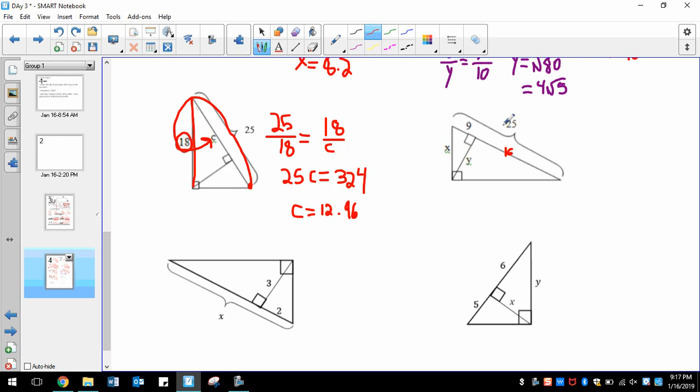Say you wanted to start with y, because you like method 1 better. Let's say you wanted to draw the arrows. And again, you can draw the arrows in whatever direction you want, whatever makes more sense to you. So when I write the proportion, it's going to be 16 over y equals y over 9.